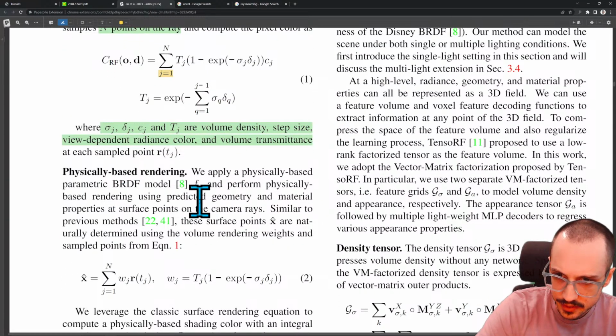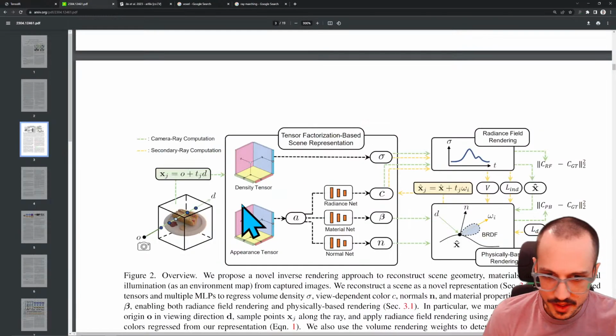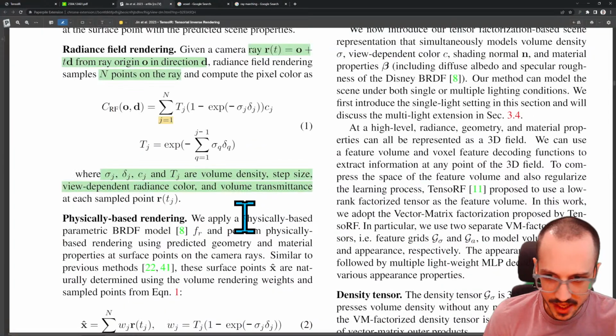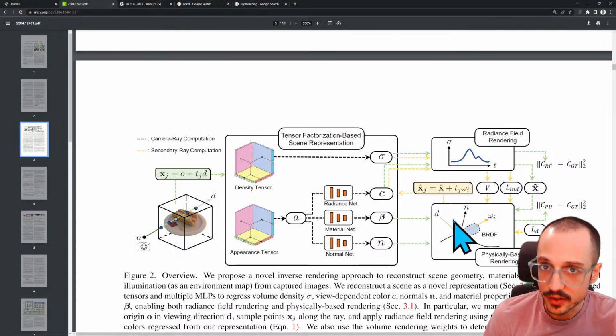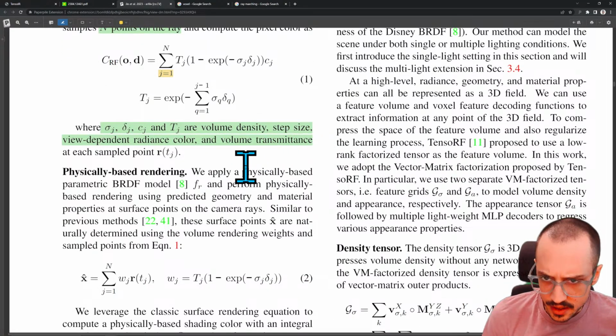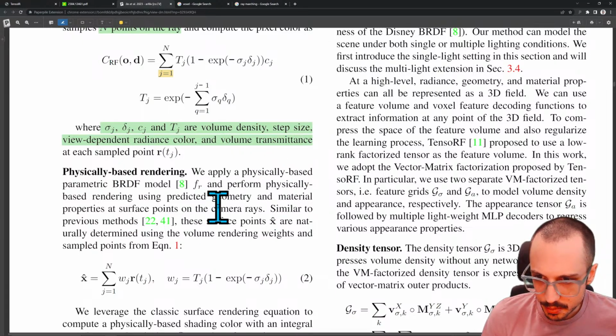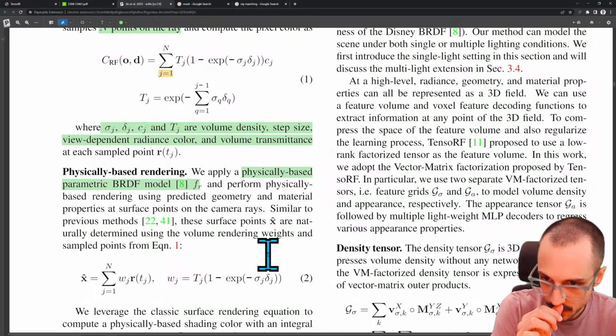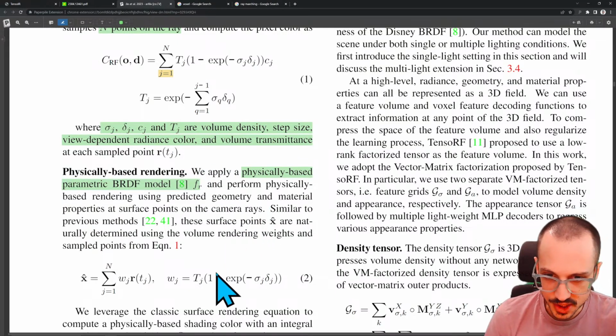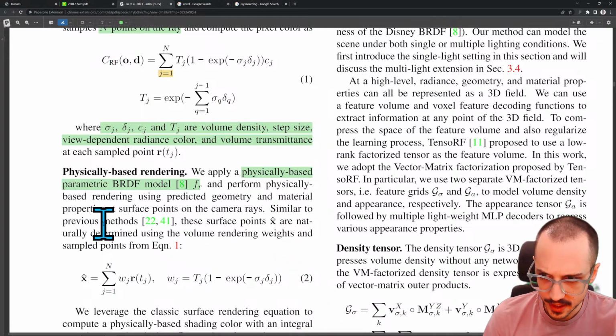Physically based rendering. Okay, so that's the NeRF-based rendering, which is this, but now we also have physically based rendering, which is this part down here, right? We apply a physically based parametric BRDF model. This is kind of exactly what you would have in something like Blender. And perform physically based rendering using predicted geometry and material properties at surface points along the camera rays.